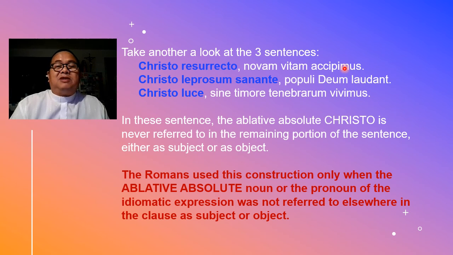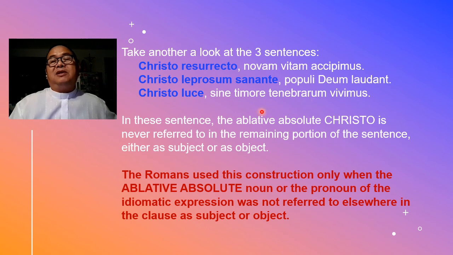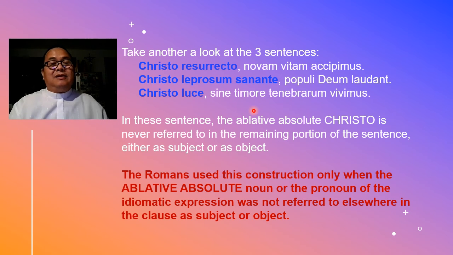Not as the subject or as a direct object. The subject here is accipimus, understood we. Direct object, vitam. Here, subject, populi. Direct object, Deum. In the third example, vivimus is the subject. There is no direct object, but there is a participial phrase here. So, that is one trait of the ablative absolute.